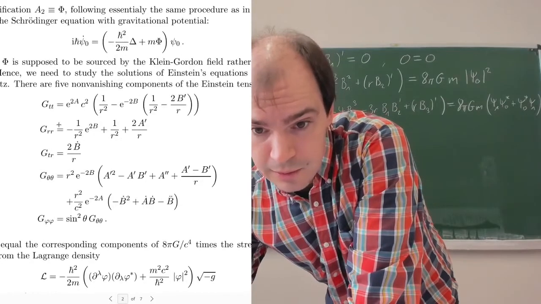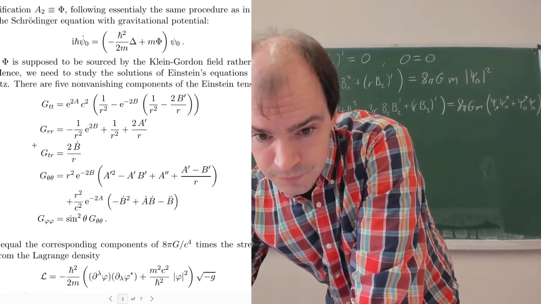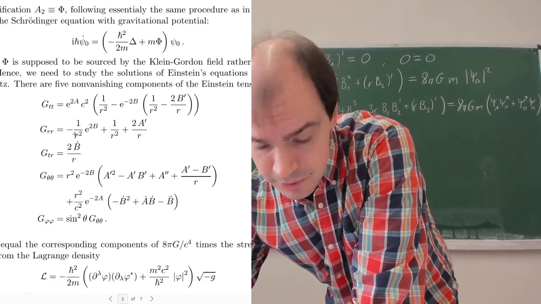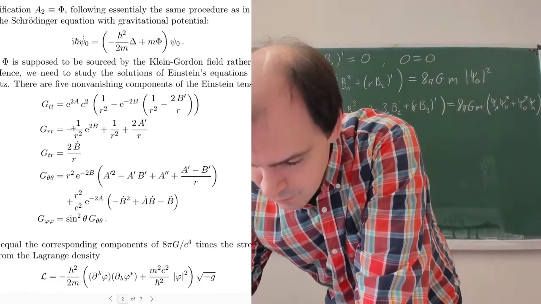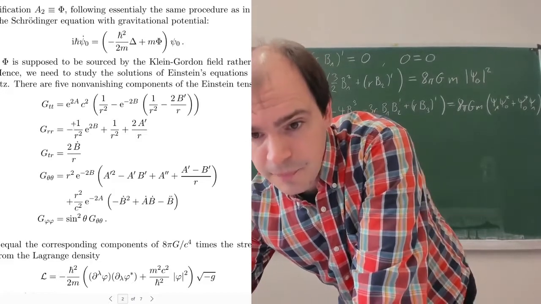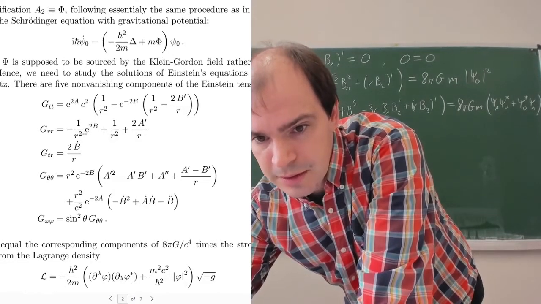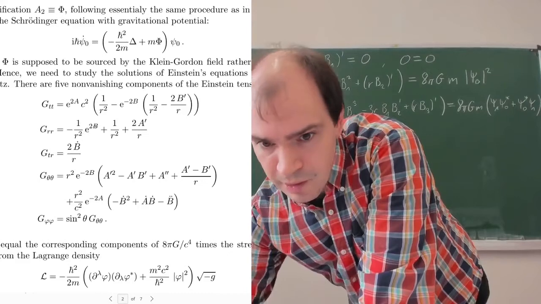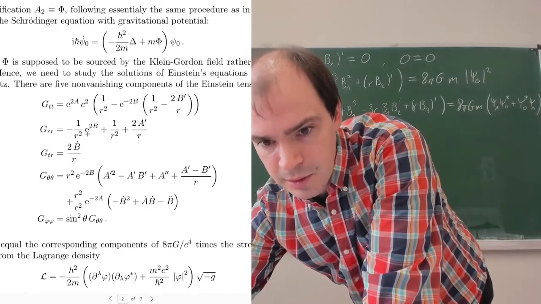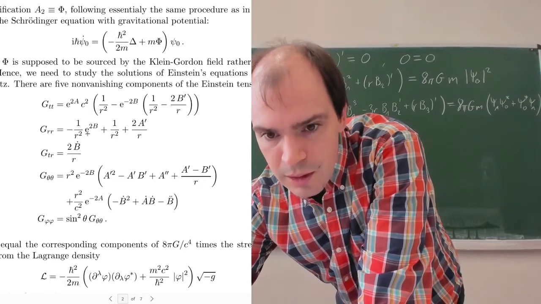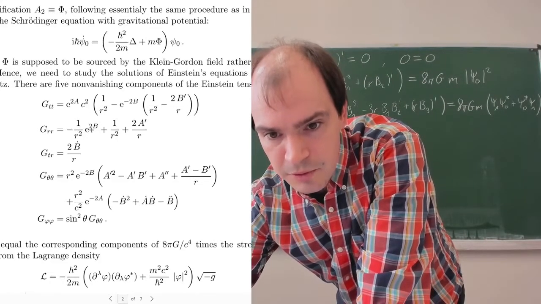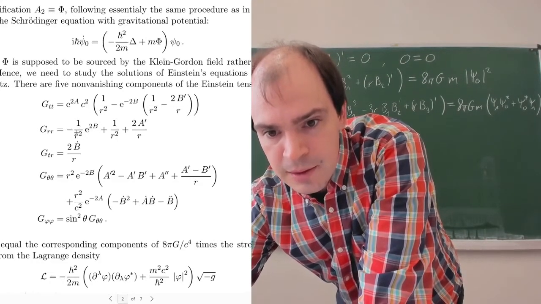So if you look at the RR component, for example, at this order, you will get a B1 term here. So this exponential is basically 1 plus e to the 2b, and then you have the power series for b.